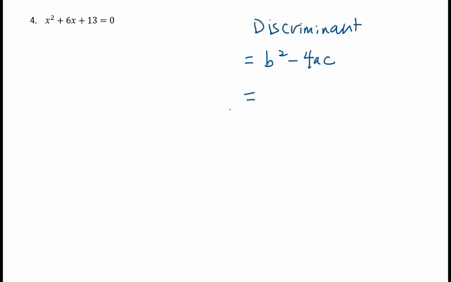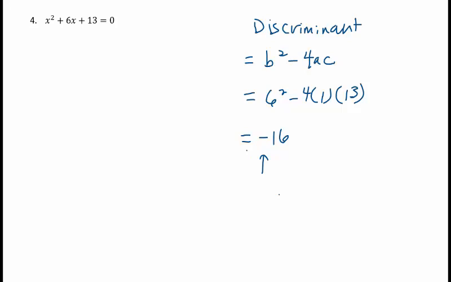And so b in this case is 6, so 6 squared minus 4 times a, which is 1, times 13. And that gives us negative 16. Okay, so there's a little bit of a problem because this is a negative number. And if that's the case, we're going to find two non-real solutions.